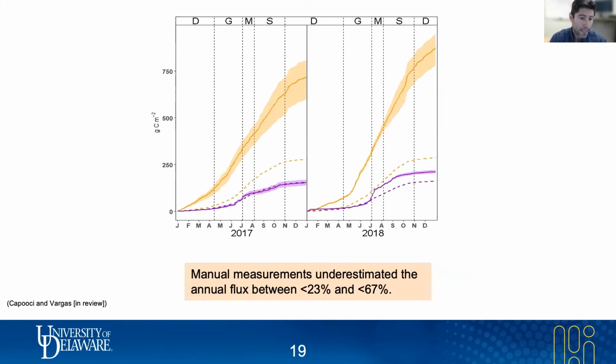And the answer is, it depends. If we compare the annual fluxes from manual measurements and automated measurements, when we model these using a simple relationship with temperature, we found that manual measurements underestimate annual flux by between 23 and 67%.